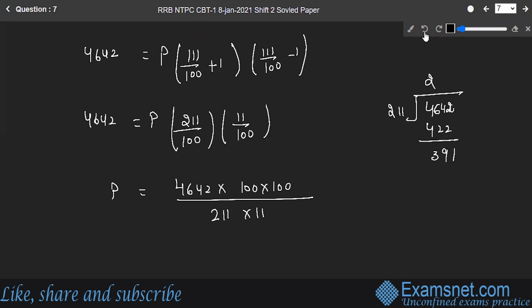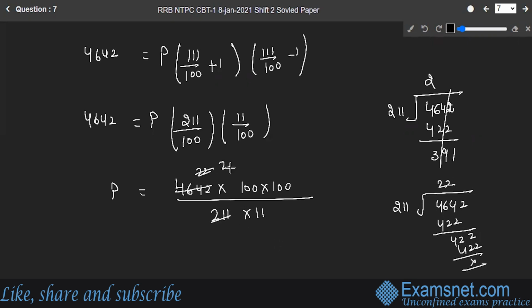So let's do it again. 4642 when divided by 211. This will go 2 times. So this is 422, 242, 22. So this will cancel with 22 and this will cancel with this. So you have 20,000 as the answer over here, as the principal actually.